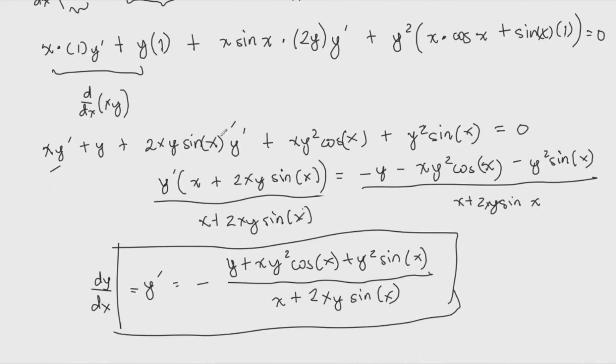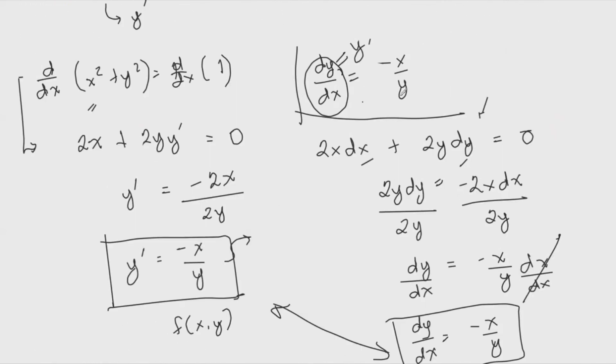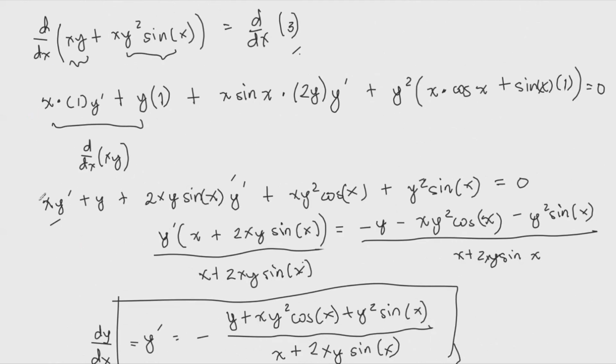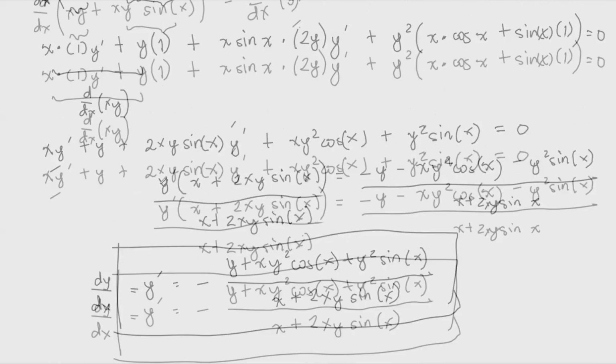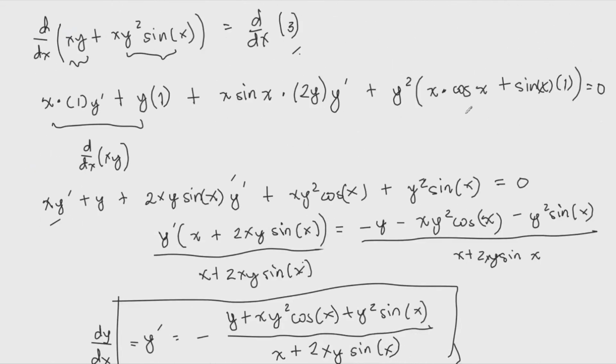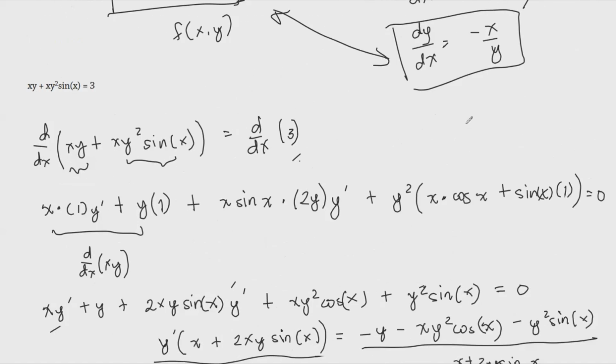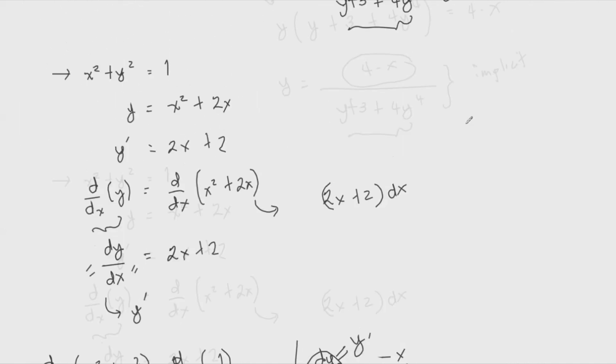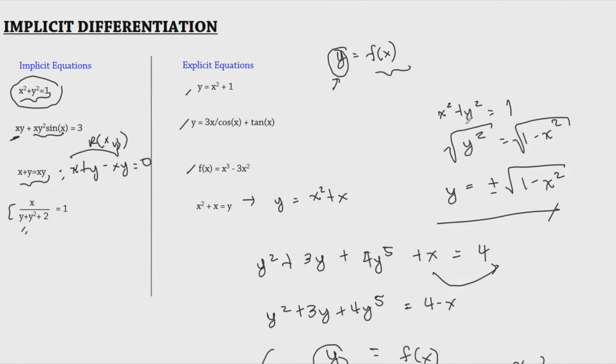By the way, you can also use this form wherein when you differentiate x, you would be writing something like dx and then dy, but of course it will be much easier for you to use y prime, especially when the equation gets longer. So that's it for our implicit differentiation, and let's try having some more.